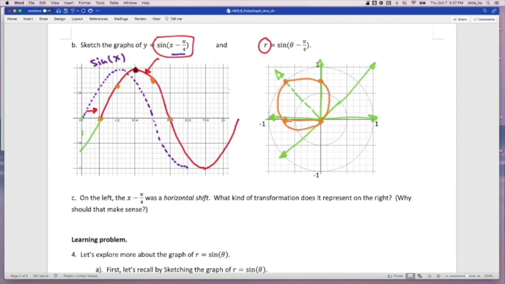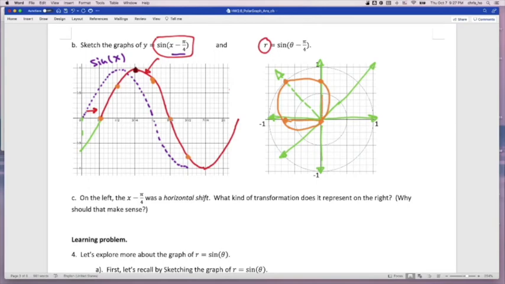If I keep going with my green vector, let's say it now points to 3 pi over 2, then my orange value is down here, which is roughly minus 0.7. You notice I have to go the other direction because it's a negative value.